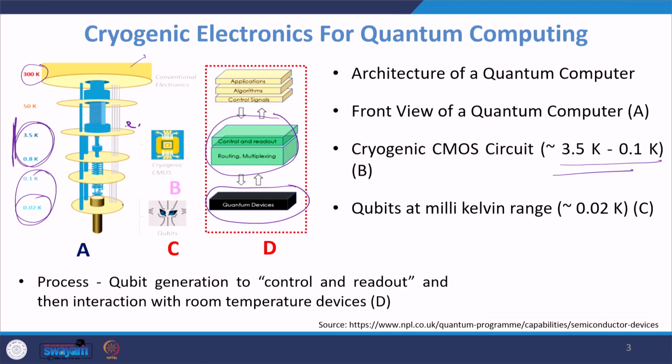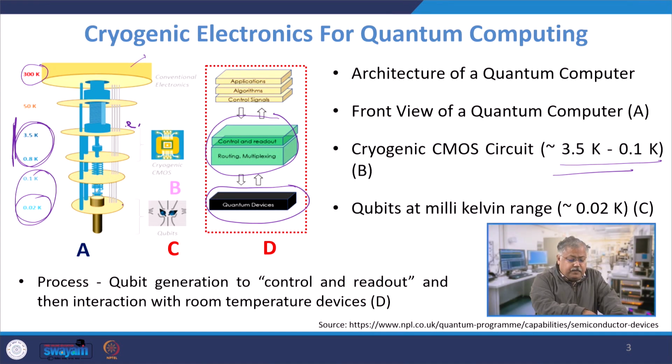Then you can appreciate that the information which is carried out by the qubits will be actually destroyed to a larger extent by the large amount of thermal gradient and thermal noise which will be generated between the part A and the top part of the quantum computer. And therefore, if there is a large temperature differential, thermal noise and other sorts of mechanisms will come into picture which will destroy the actual signal whose floor value is very, very low, right?